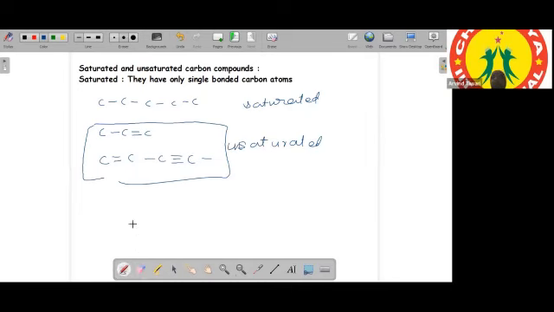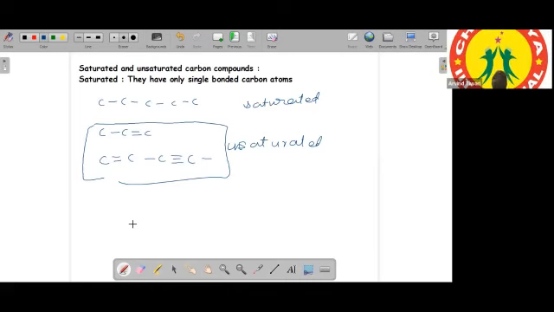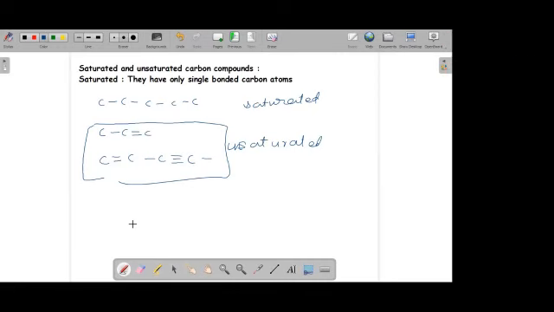Okay, so can you give the differences between saturated and unsaturated? Saturated burns with a clear flame. I want physical differences. Any physical differences between saturated and unsaturated? Saturated hydrocarbons are more stable.